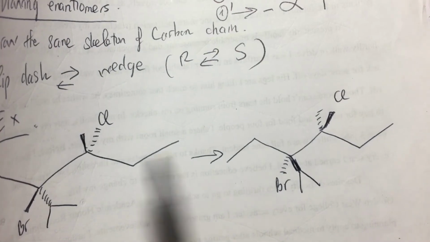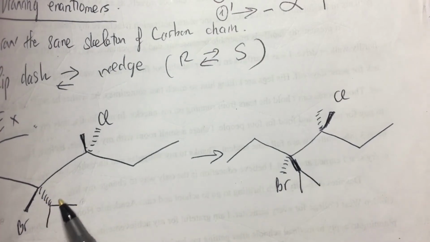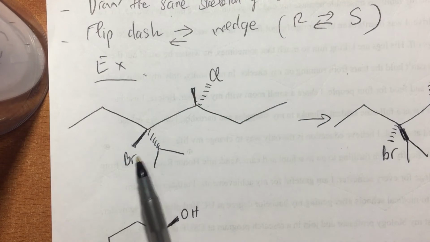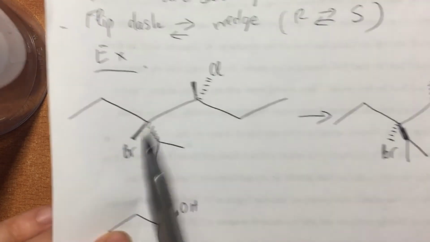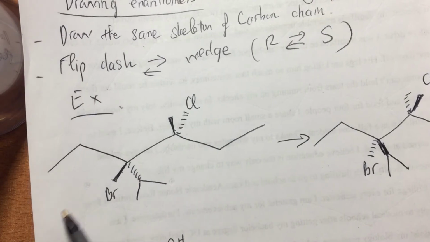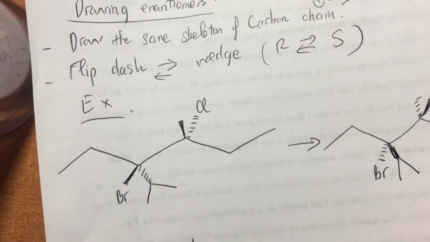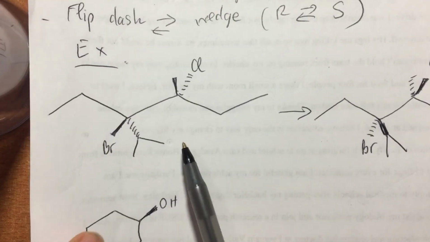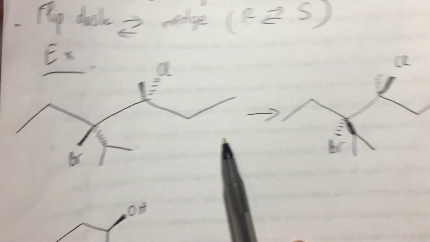So we just keep the same skeleton and flip whatever dash to wedge and whatever wedge to dash. And also if you check the R and S configuration, you'll see that it flips between R and S. So let's do one example so you can see it better.